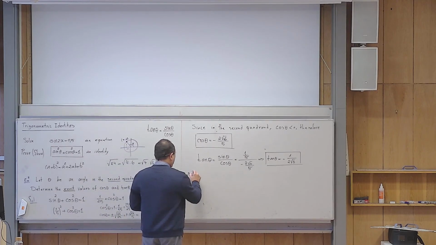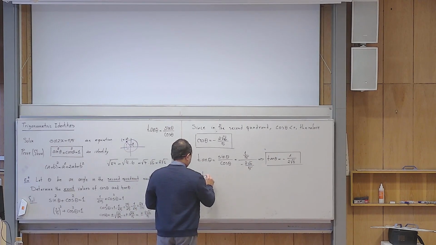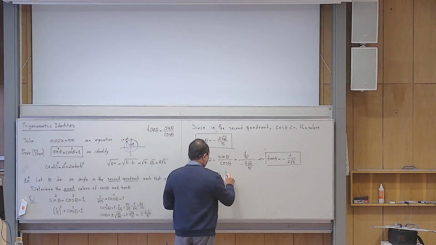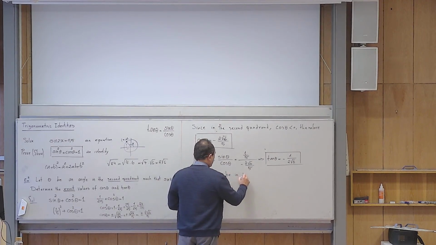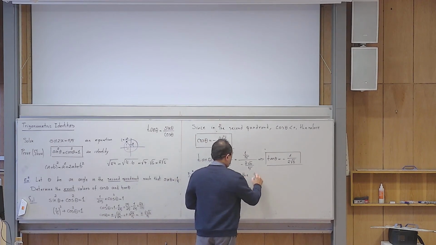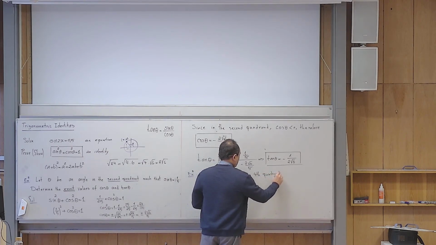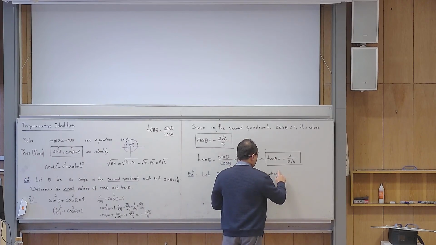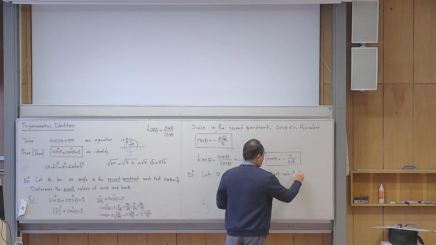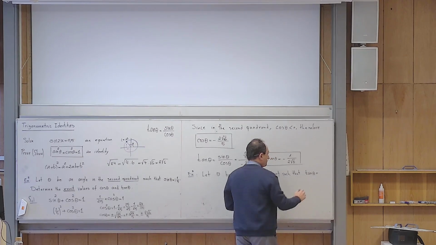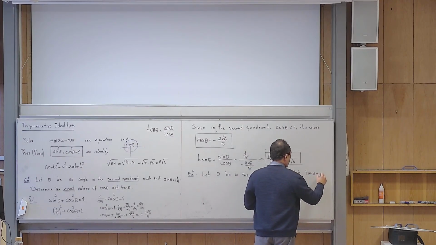Okay? So, example. So I would say, for example, let theta be in the fourth quadrant such that, for example, tangent of that angle theta is given to be -5.